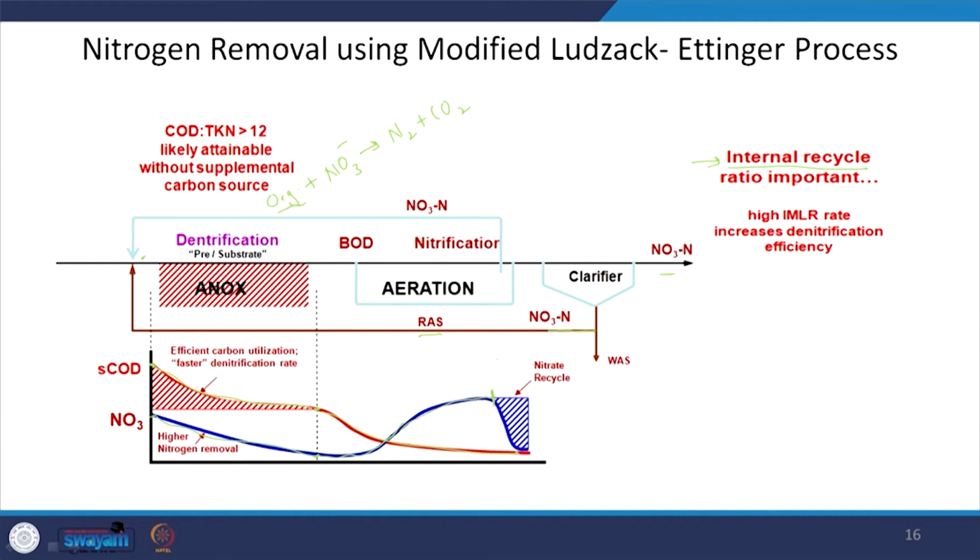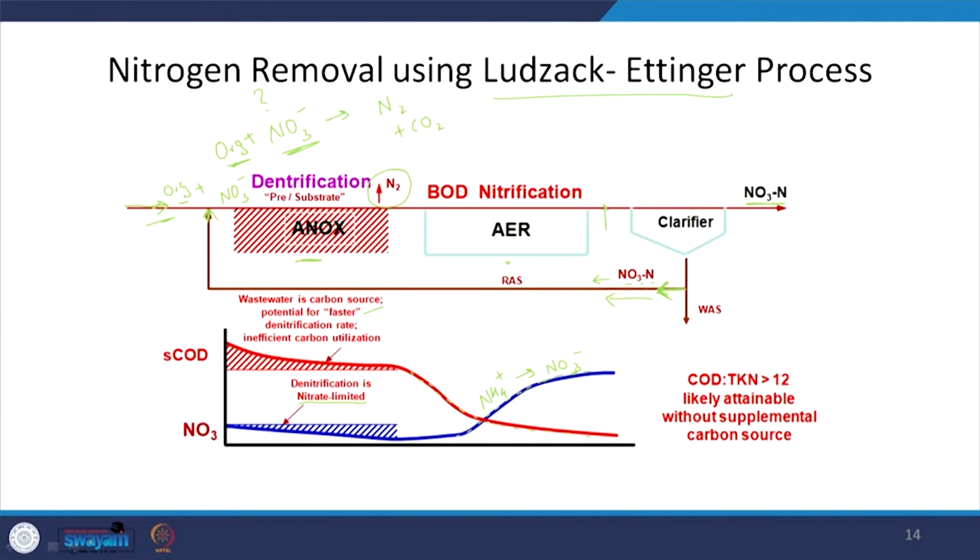At this point we have the internal recycle. So, this goes back here, and we are now going to have enough nitrate there. That is why this concentration is coming back down. Why is that? Because of the internal nitrate recycle. You can compare that with this particular system.